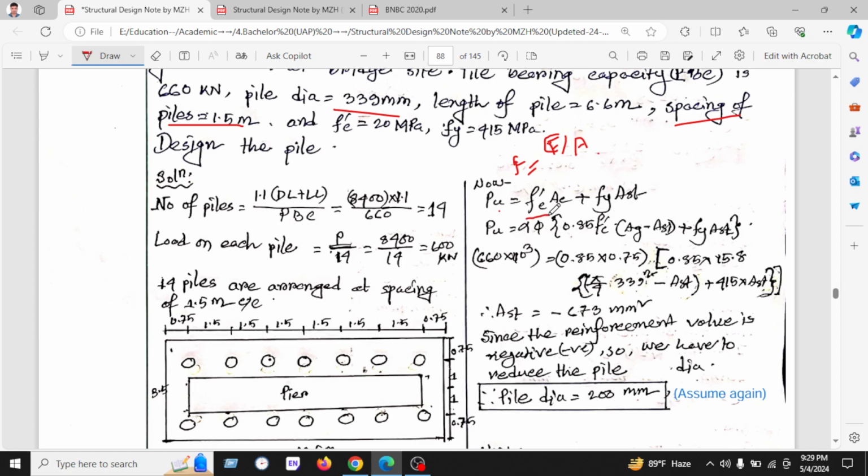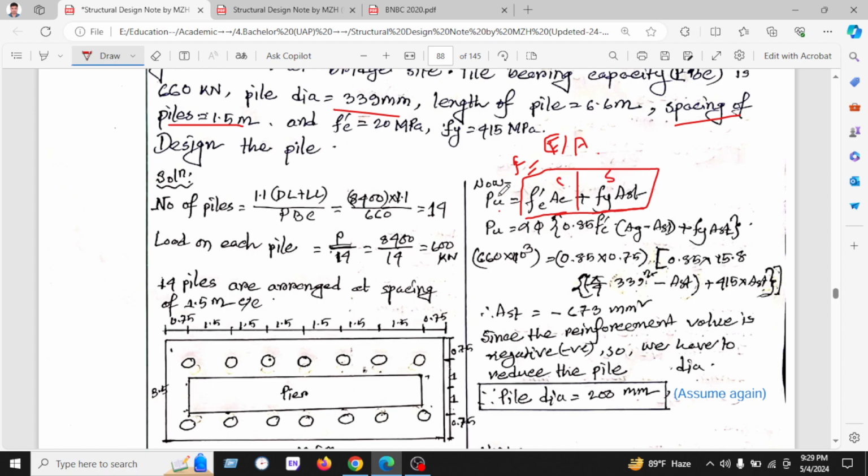At first we know the stress will be distributed in concrete, and the steel section will also contribute. So these two sections will take the pile forces: one is concrete, another is steel.